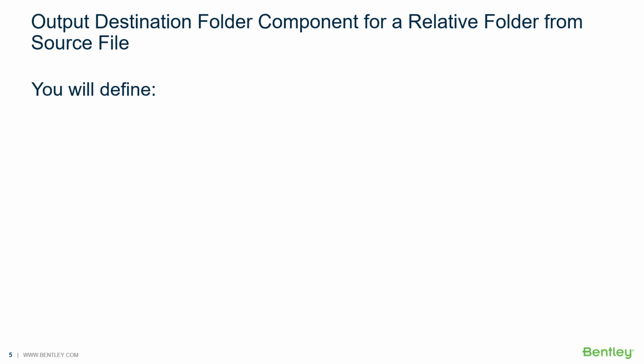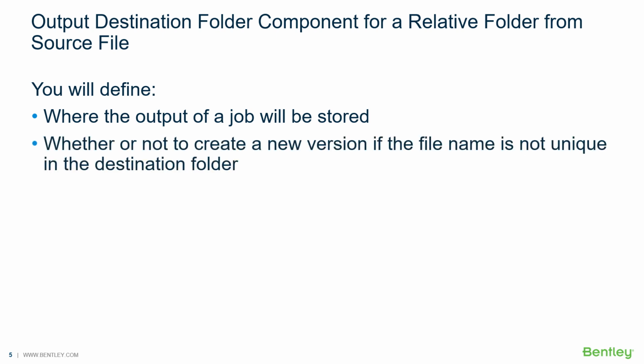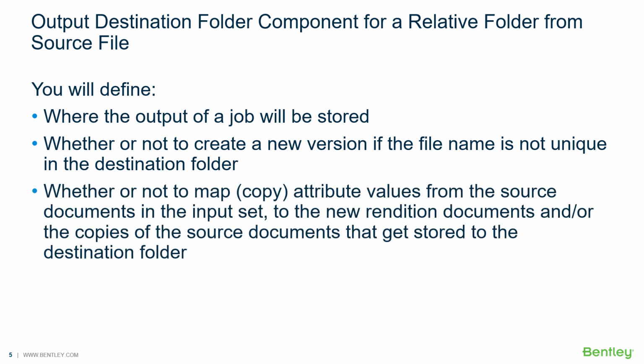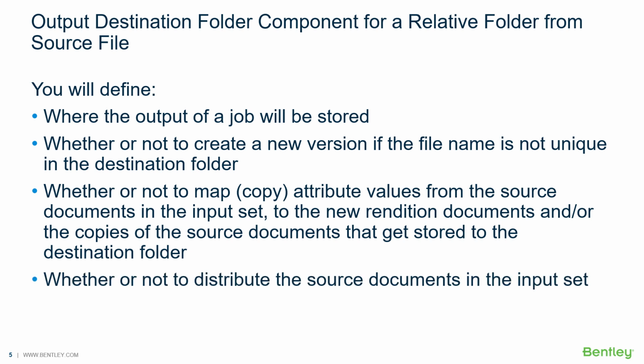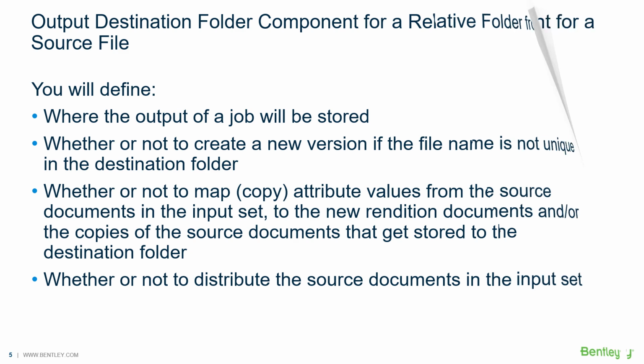For each output destination rendition component you create, you will define where the output of a job will be stored, whether or not to create a new version if the file name is not unique in the destination folder, whether or not to map attribution from the source documents in the input set to the new rendition documents or the copies of the source files that get stored in the destination folder, and whether or not to distribute the source documents in the input set.